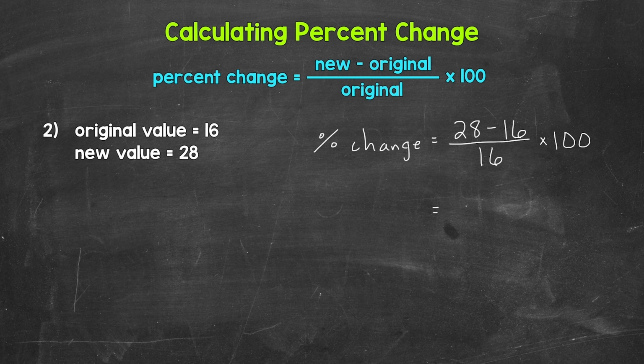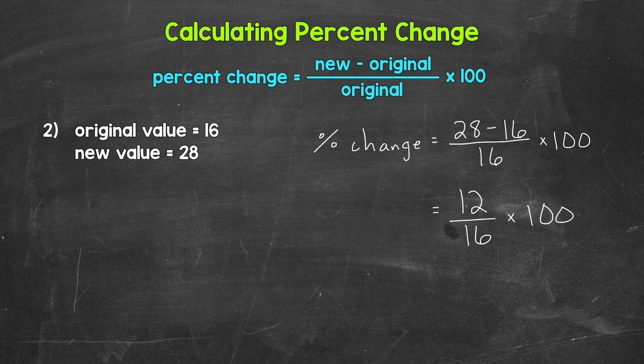Let's start by subtracting here. 28 minus 16 gives us 12. So that's the amount of change, and since it's positive, that tells us we had an increase of 12. Now we divide that amount of change by the original value. So we have 12 over 16 times 100.